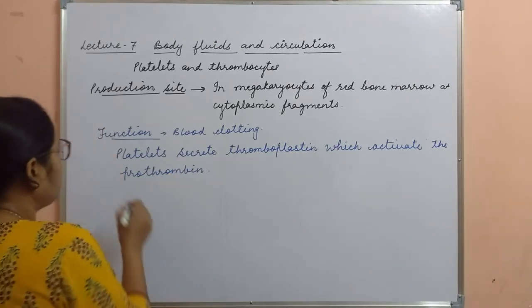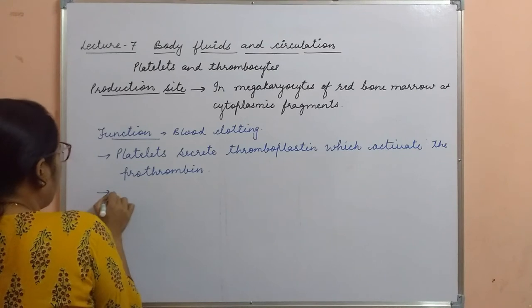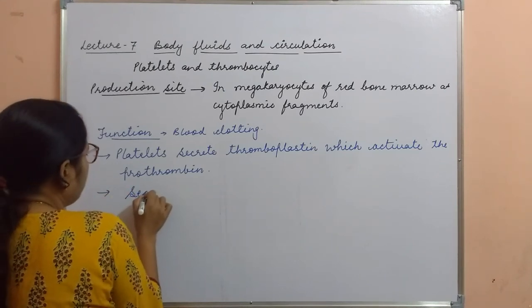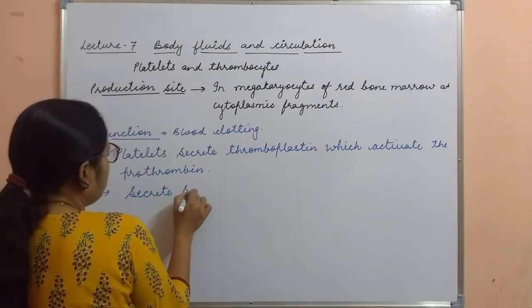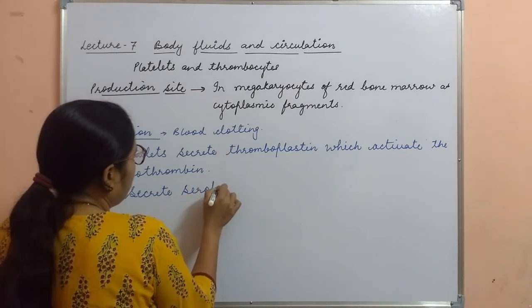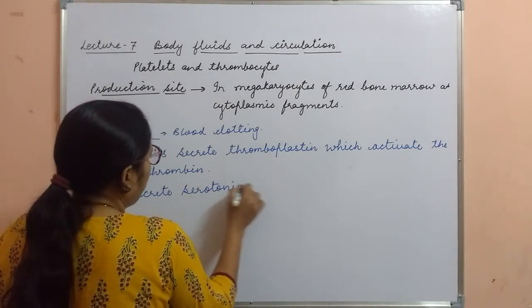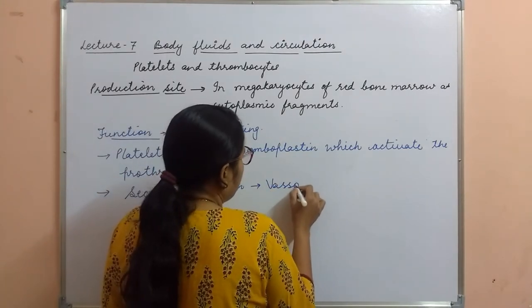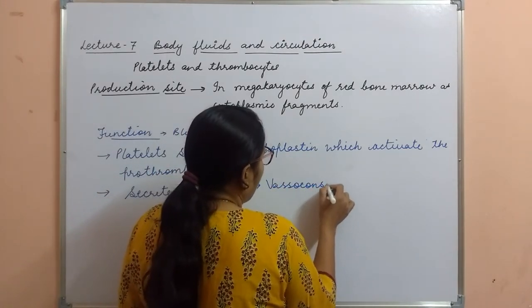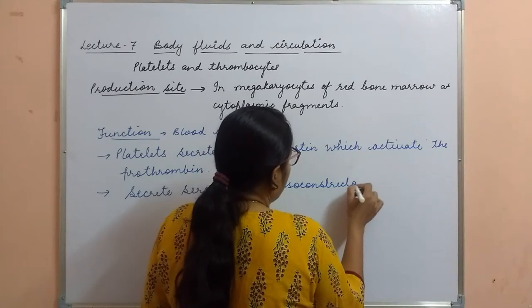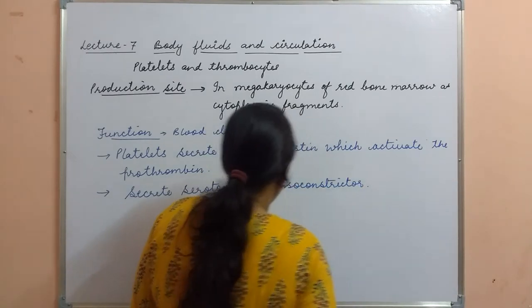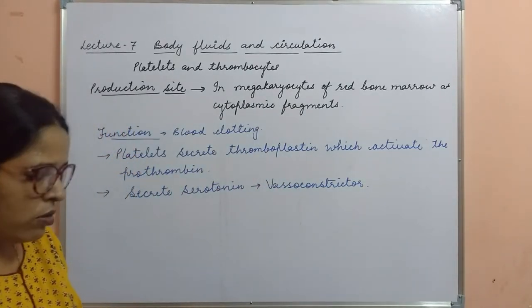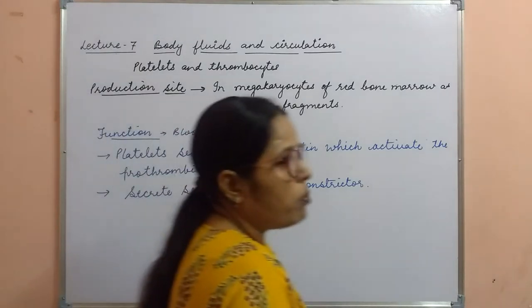So this is the first important function of the platelets, and the second one is that they secrete serotonin. This serotonin is a vasoconstrictor. Clear? So the secretion of serotonin is also an important function of the platelets.